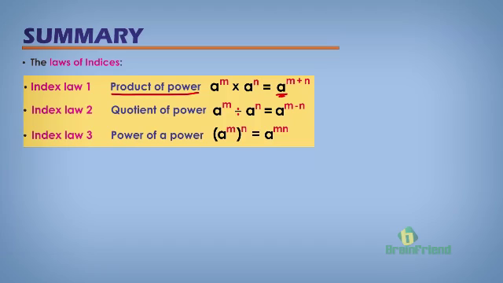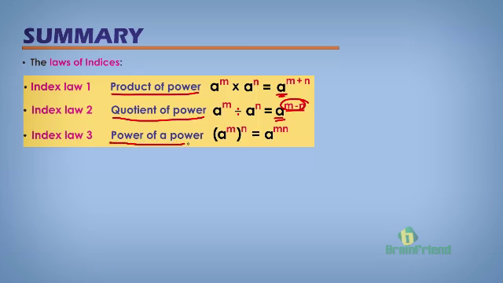Next, we look at the quotient of power law, which states that a raised to power m divided by a quantity of same base raised to power n would give us a raised to power m minus n. Meaning that for like bases that divide one another, our powers will be subtracted.